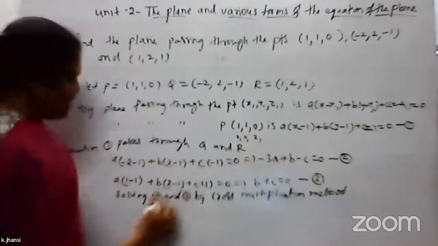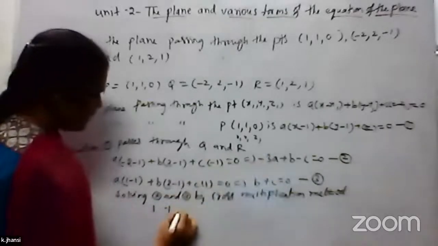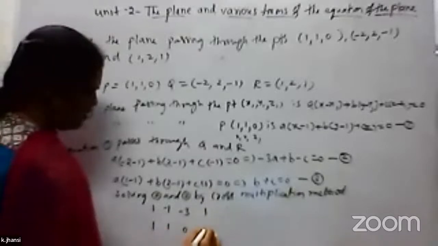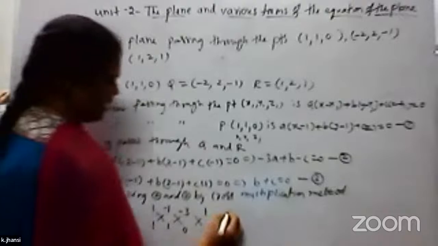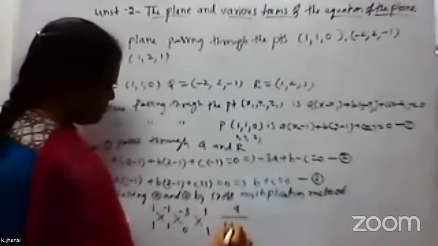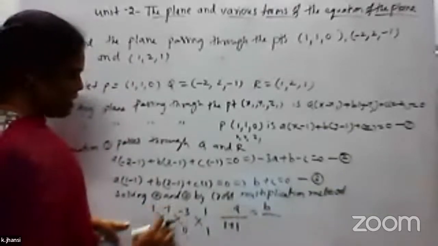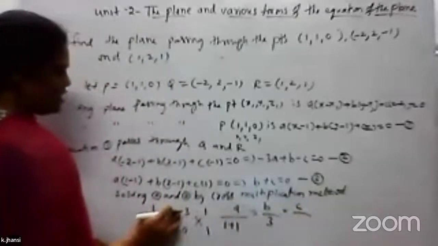So the coefficient of b is 1, after that c is -1, and after that a is -3 and again b is 1. For the third equation, b is 1, c is 1, a value is 0, and next again 1. If you cross multiply, you get a divided by (1 plus 1) equals b divided by (0 plus 3) equals c divided by (-3 minus 0), which is -3.